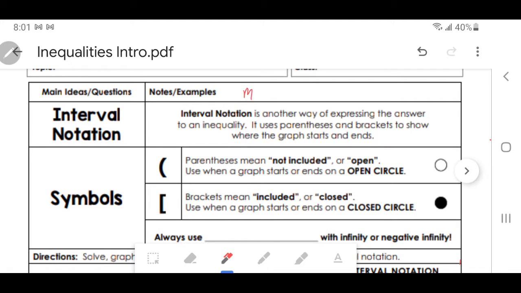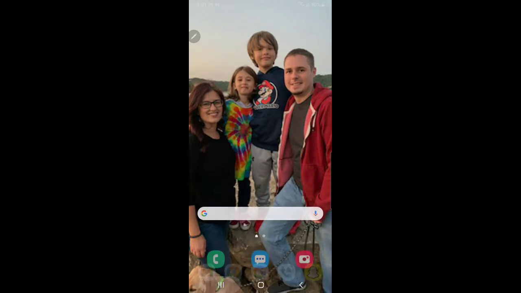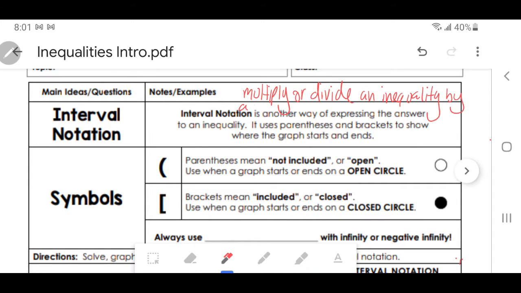When you multiply or divide an inequality by -1, or by any negative, flip the sign, okay?